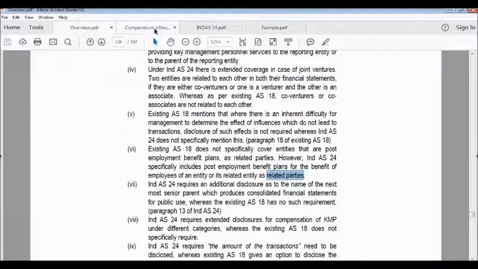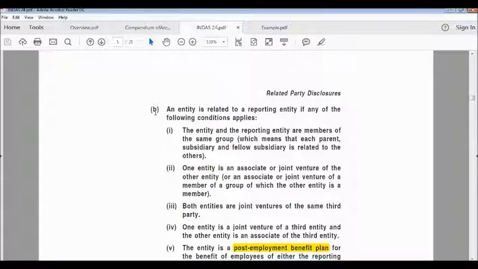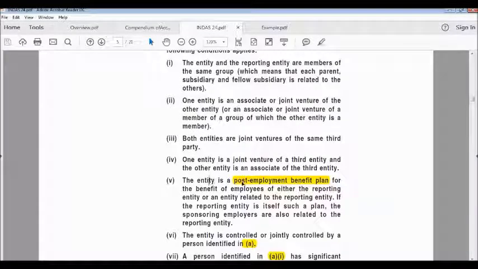This is Ind AS 24, clause B: an entity is related to the reporting entity if the entity is a post-employment benefit plan for the benefit of the employees of either the reporting entity or an entity related to the reporting entity. That was not there under existing accounting standard 18.